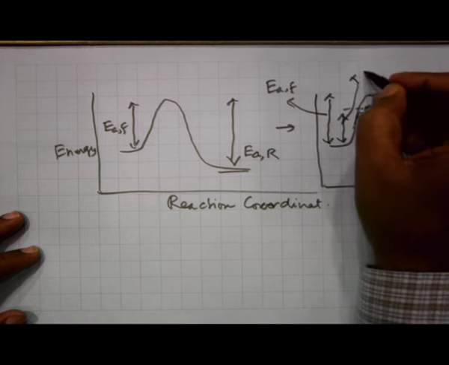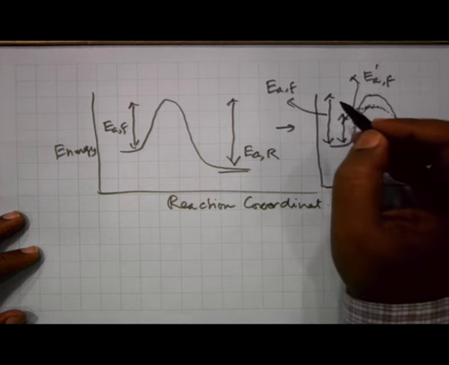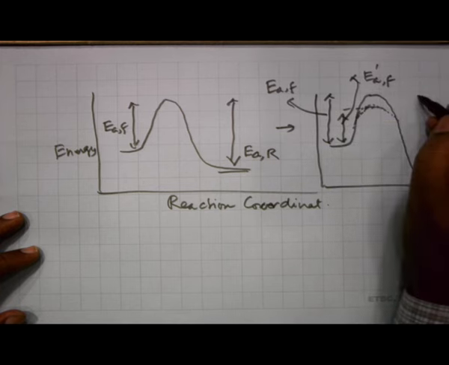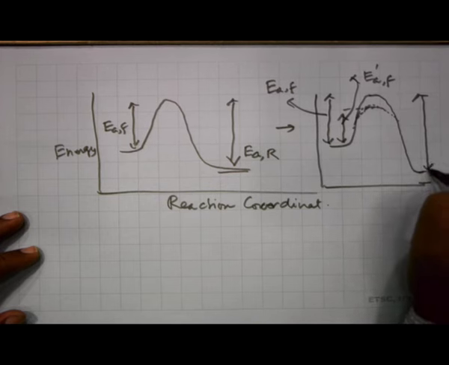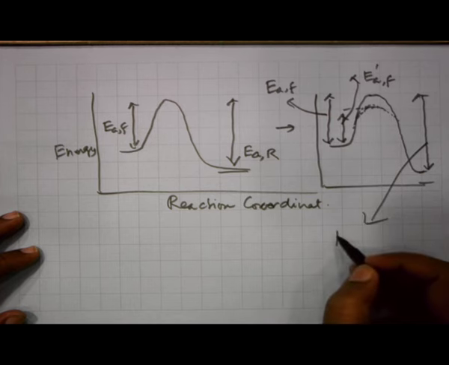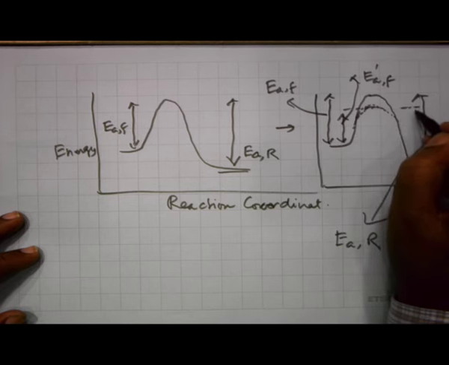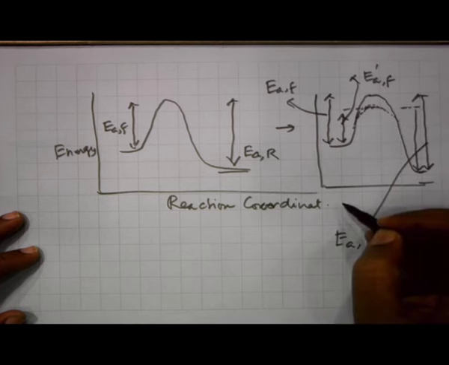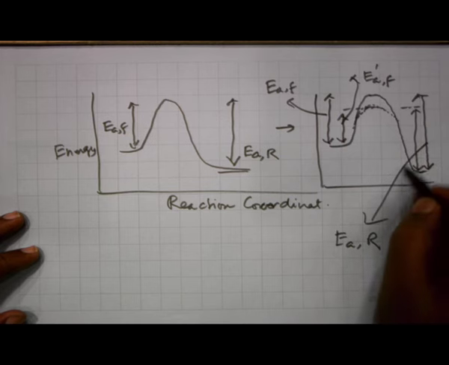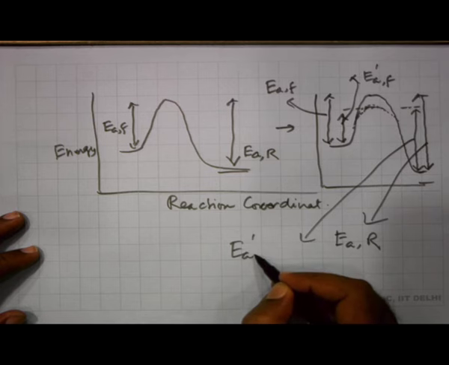So, this is EA dash F. But you see activation energy of reverse reaction also decreases. It was here first. So, this is suppose EA for the reverse reaction, and now in presence of catalyst this is decreased to this value, which is called EA dash R.